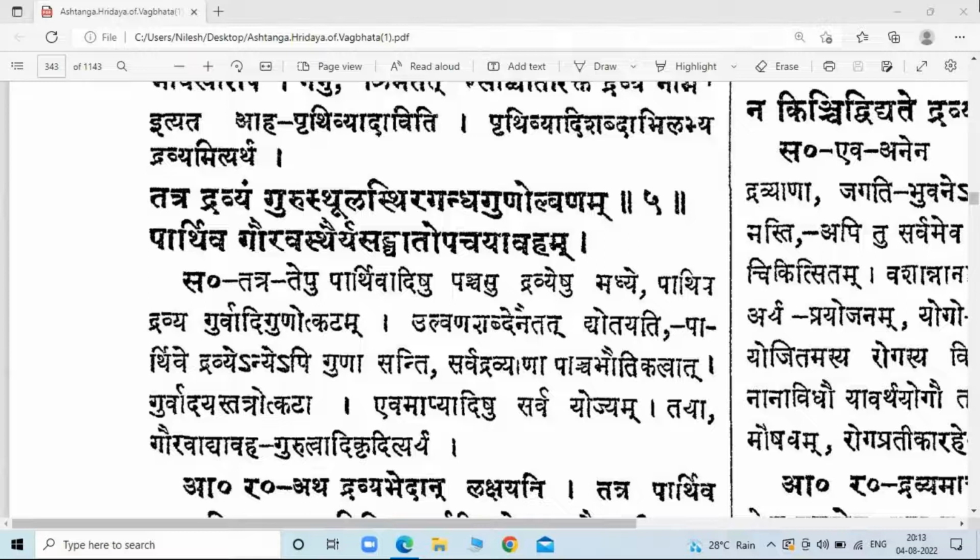That means without a proper descriptive presentation of individual gunas, those gunas are used extensively to describe the content, the topic.